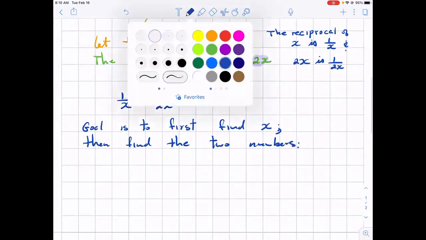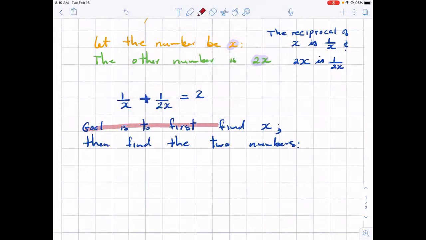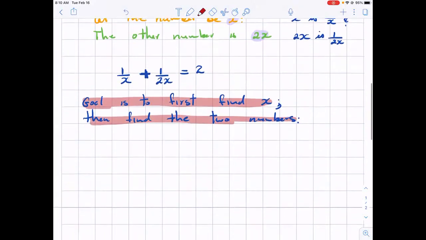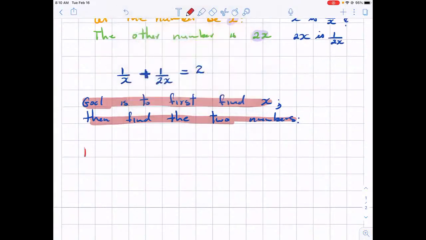And it's very important that you remember what the goal is. The goal is a two-part combination here. So we have a rational equation: 1 over x plus 1 over 2x equals 2, which is like 2 over 1.